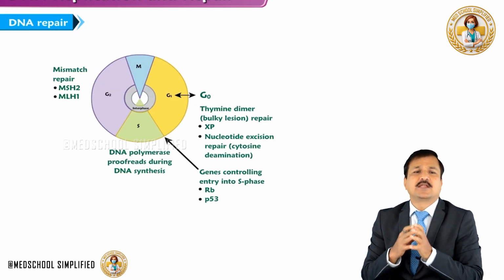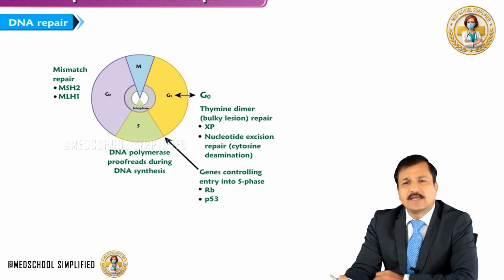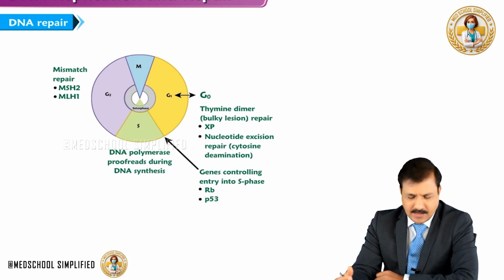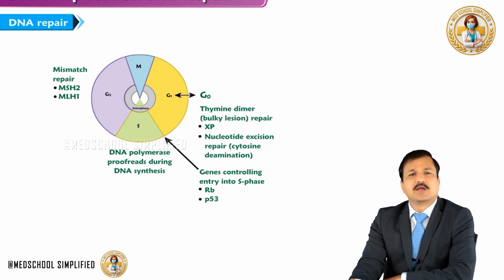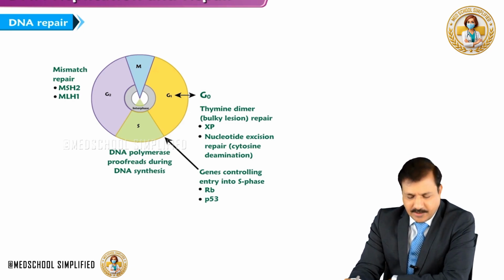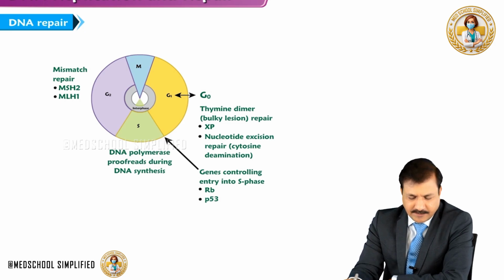This figure gives a summary of important genes involved in maintaining DNA fidelity and where they function in the cell cycle. As you see here, in the G0 phase, thymine dimers, a bulky lesion repair, is going on, and it can be defective in xeroderma pigmentosa, and the nucleotide excision repair mechanism is going on there.